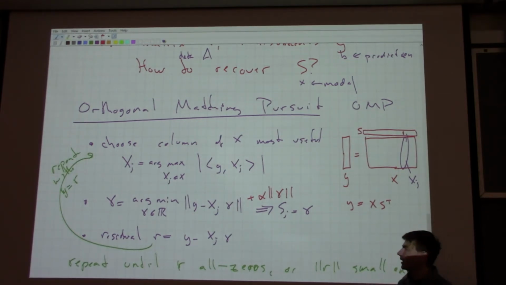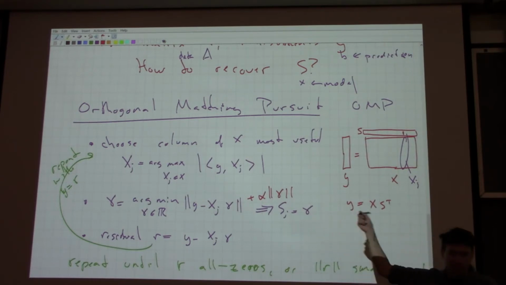Okay, but this will actually make this more robust.